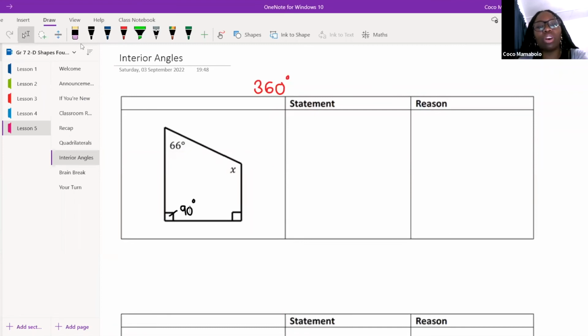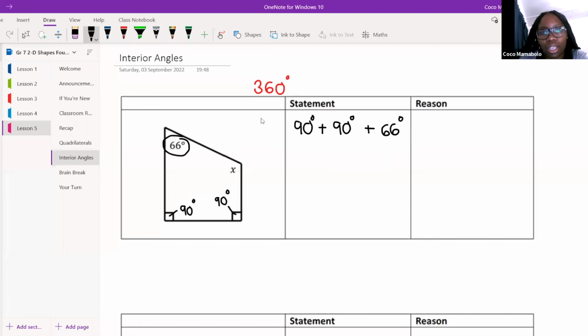We know that every time we see a square, that's equal to 90 degrees. So our statement is going to read 90 degrees plus, here's another square, which means this is also 90 degrees, plus 90 degrees, plus 66 degrees, and I need to remember this angle over here as well, plus x, and all of it together is going to equal 360 degrees.